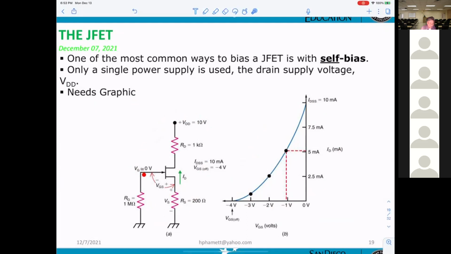Now we go into this circuitry. VGS equals 0. Why? Why do they put VGS equal 0 here? Tell me.